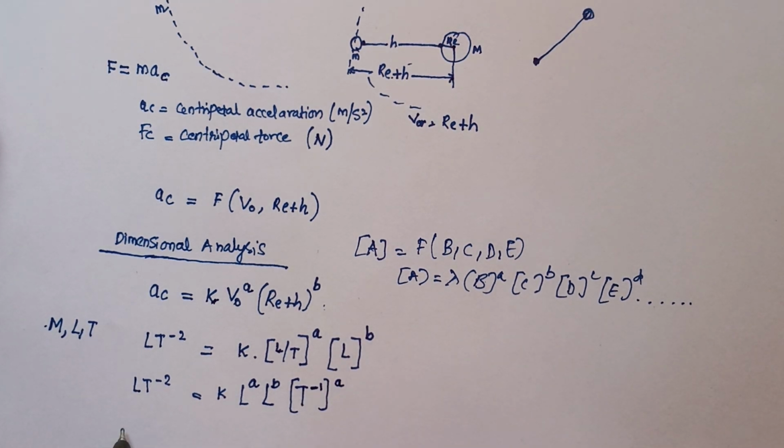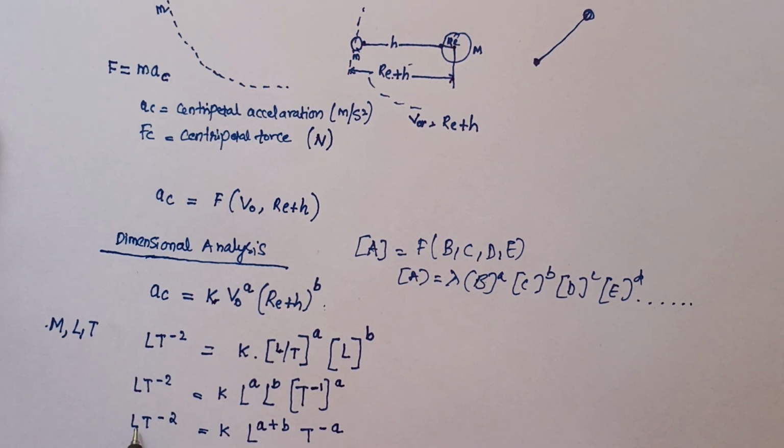Now LT^-2 should be equal to k into L raised to a plus b, T power minus a. Now you equate the exponents with respect to the LHS side. So L should be equal to L power a plus b. That implies a plus b should be equal to 1.